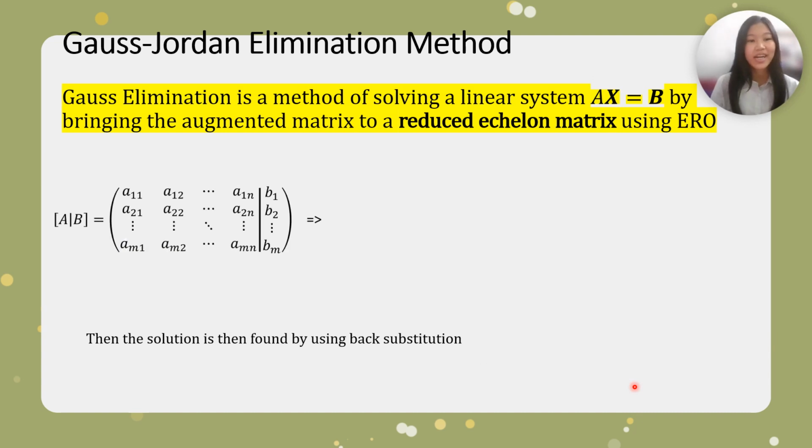Now look at Gauss-Jordan elimination, which brings the augmented matrix to a reduced echelon form. First, steps 1 and 2 are the same, but the difference is that we make sure there are ones along the diagonal and zeros everywhere else using ERO.